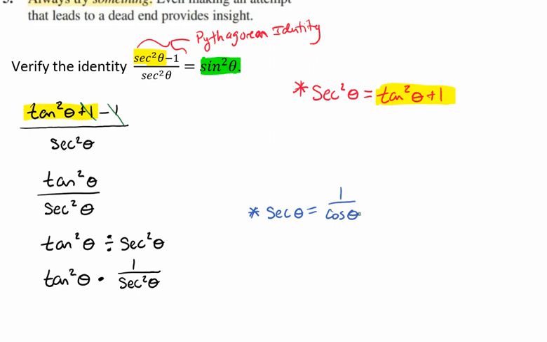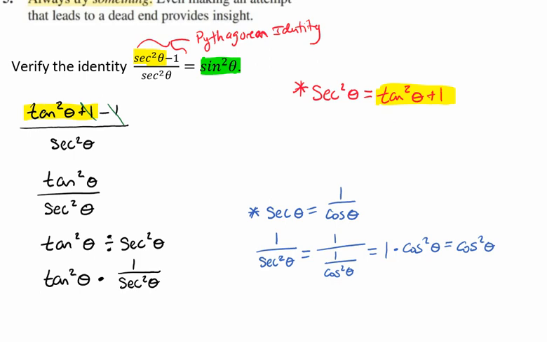So if we have a 1 over a secant squared of theta, what we really have is 1 over a 1 over cosine squared of theta, which is going to be a 1 times a cosine squared of theta, or a cosine squared of theta.